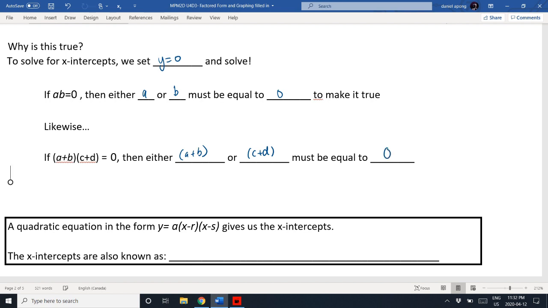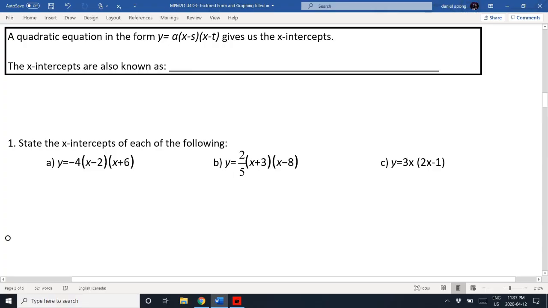So either one of these brackets must be 0. A quadratic equation in the form y is equal to a bracket x minus s close bracket bracket x minus t close bracket, or in other words, factored form, gives us the x-intercepts. The x-intercepts are also known as zeros.